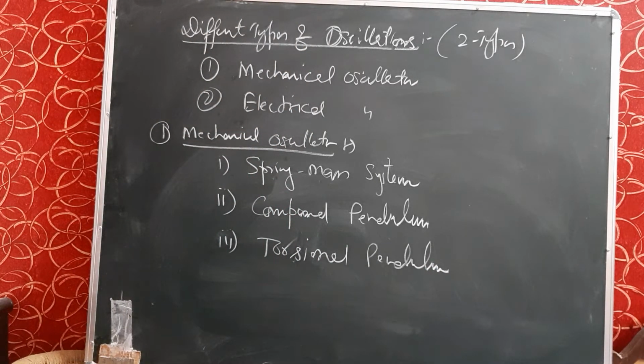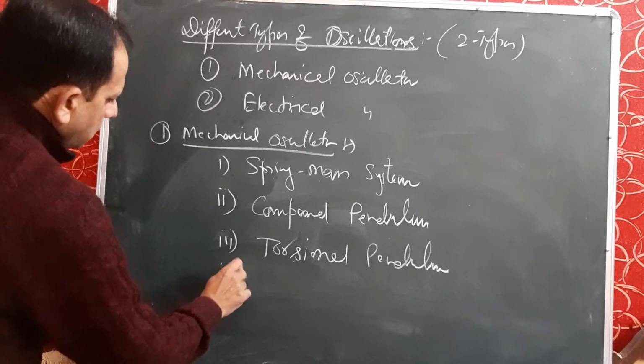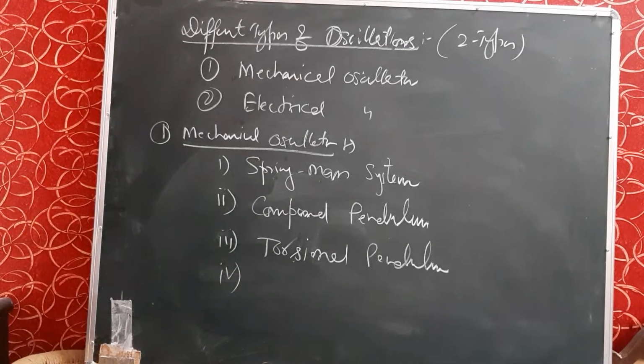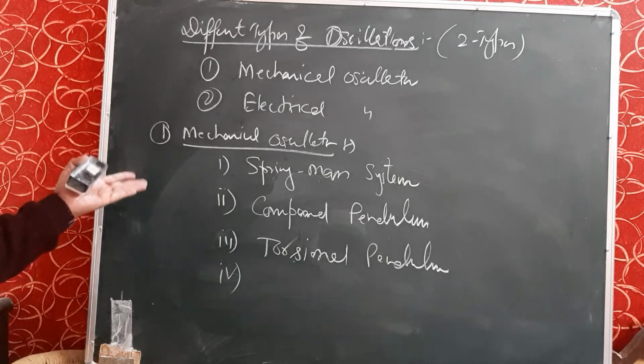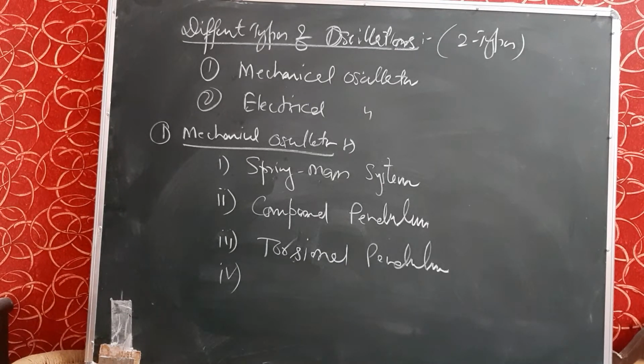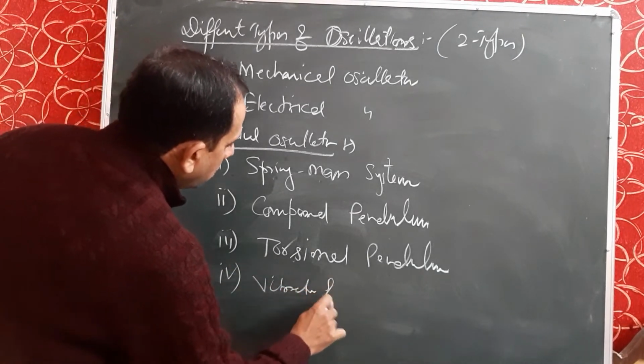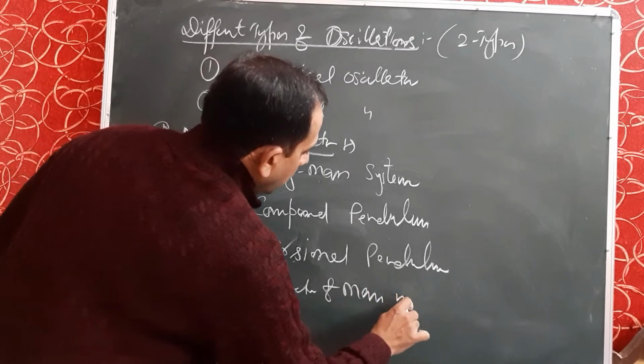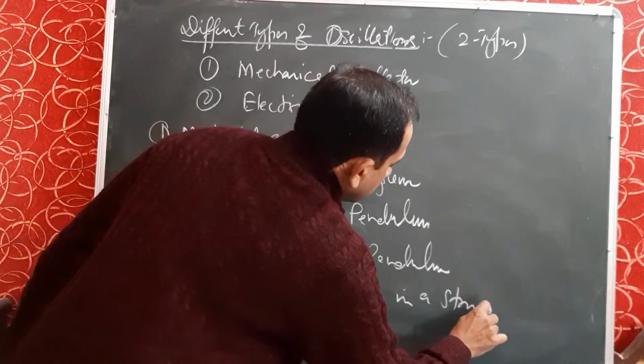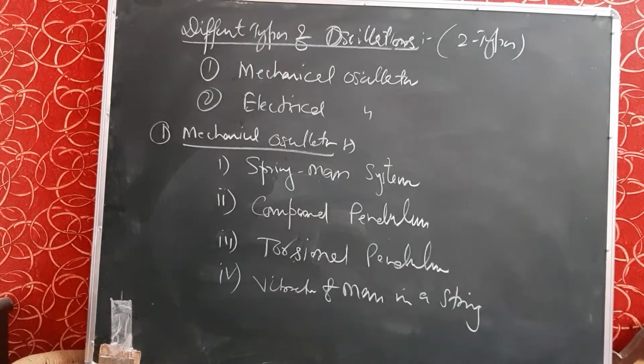And a fourth is also discussed in this book. You may have studied the vibration of a mass in a string, which means the motion of the string is also vibratory motion.